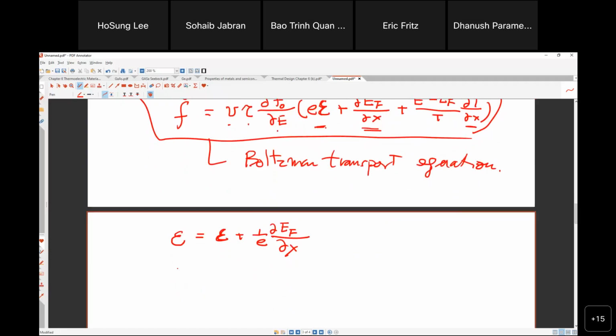So that's the electric field. So important that we figure this out.